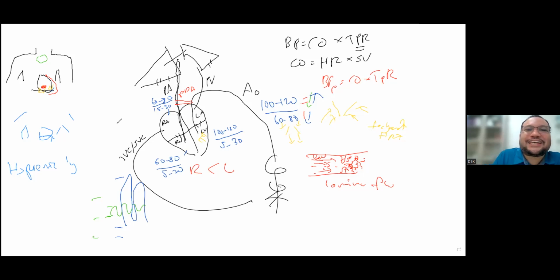Okay. Now let's look at another. How about pulmonary valve? Kita mula dengan stenosis kan. So pulmonary stenosis. Problem dia masa systolic ke masa diastolic? Systolic. Sebab masa systolic, blood daripada right ventricle nak pergi ke atas.